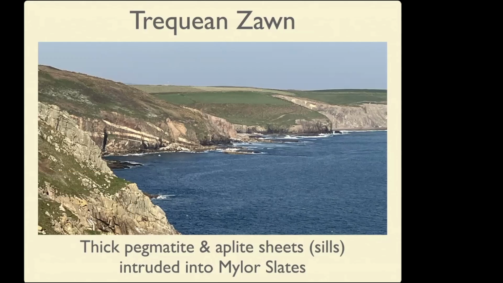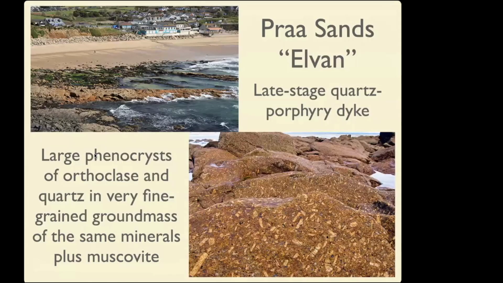Another thing that happens towards the end of emplacement is that you get these. This is sands, and this brownish bed running all the way along here is a big, thick dike of late stage quartz porphyry.